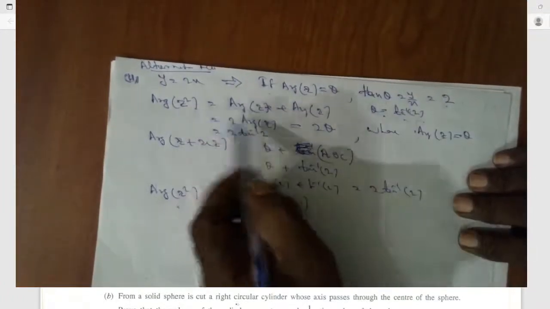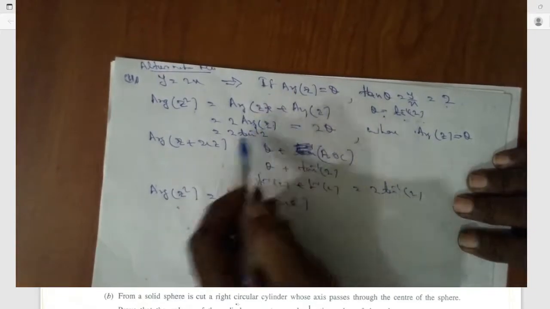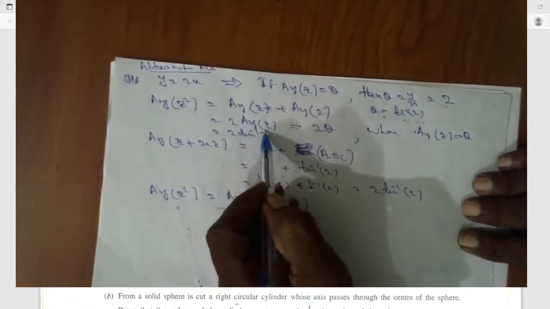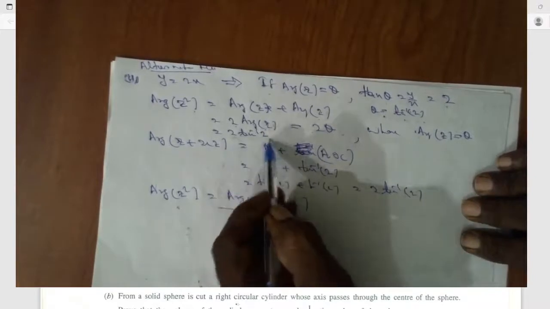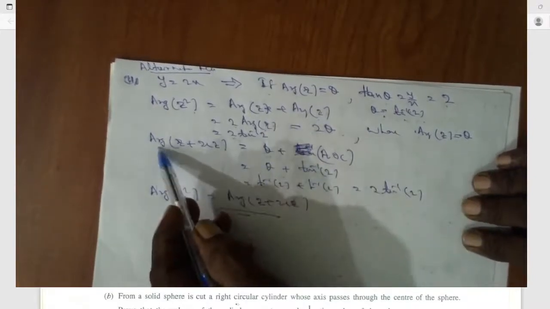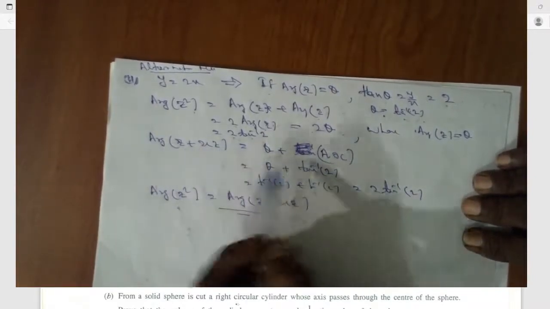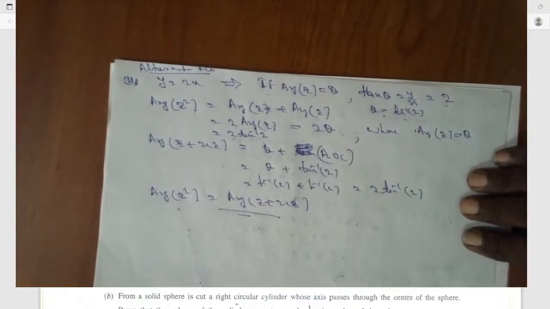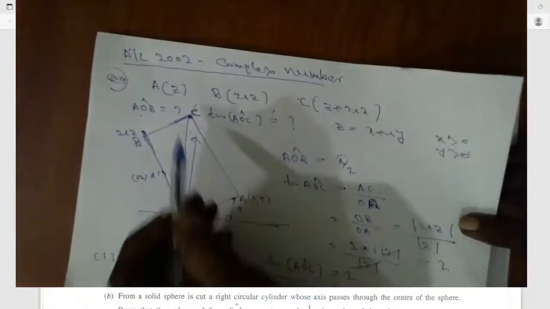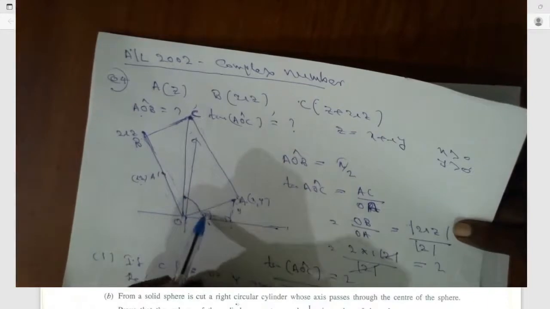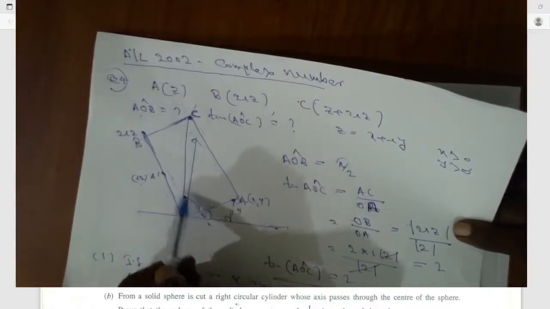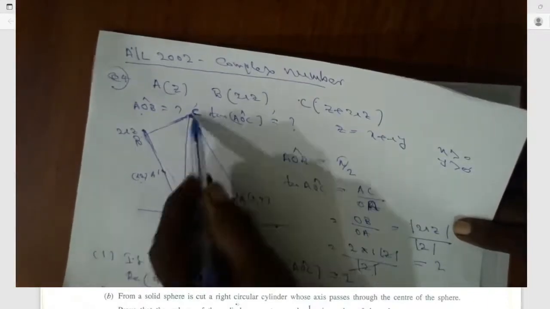Then arg z squared equals arg z plus arg z, that is 2 arg z, that is 2 theta, that is 2 tan inverse 2. But arg c plus 2 arg c, that is from this diagram theta plus AOC. The argument of OC is theta plus this angle. This angle is AOC.